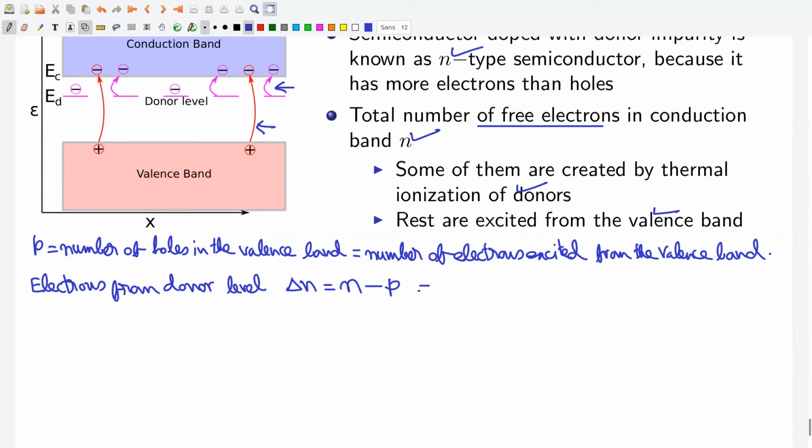And we can write P is equal to N minus delta N.